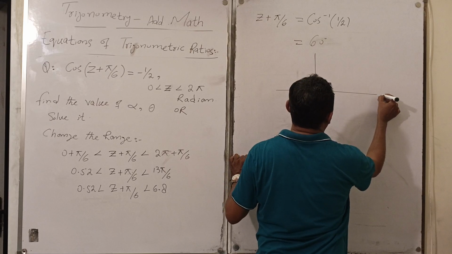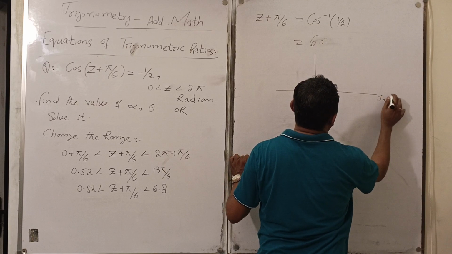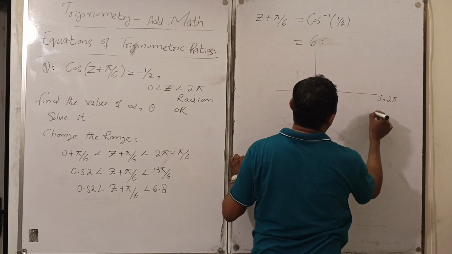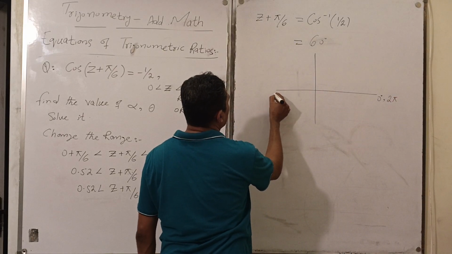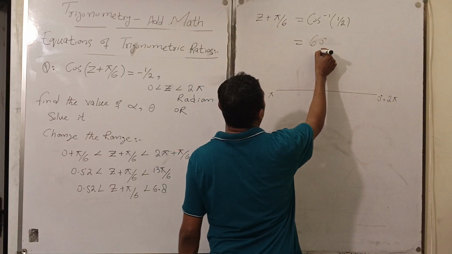So this is 0 and this one is 2 pi. Then pi over 2, and 2 pi, yes? And this is pi. What about this one?